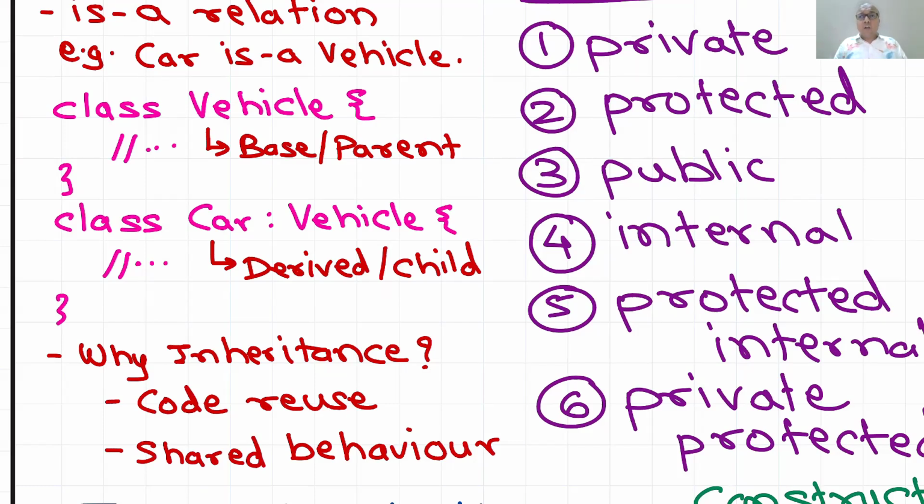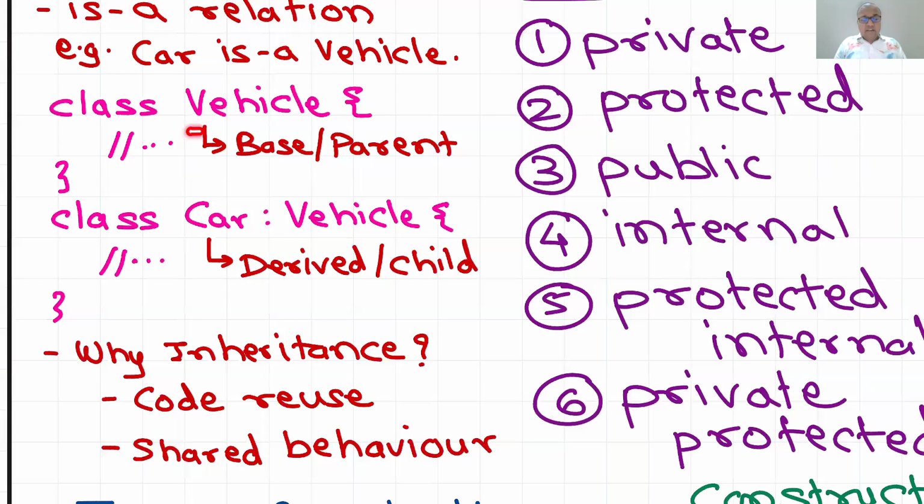Inheritance also allows shared behavior, meaning certain features which are common in two classes with an "is a" relationship are implemented only in the base class, and then the derived class will just reuse that functionality, will just share that behavior. Here we can say that vehicle is a general entity and the car is a specialized entity.